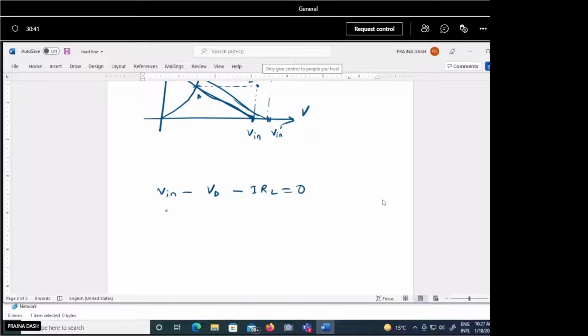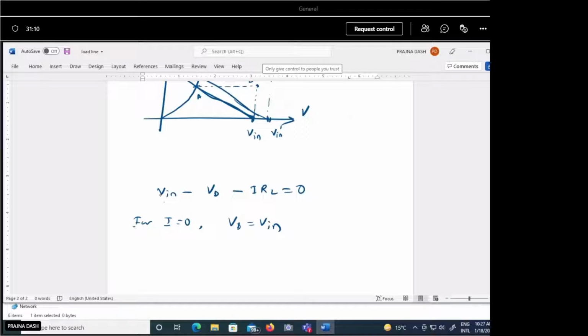In this equation the applied voltage is V in. When we consider I equal to 0 for this axis, for getting this point, V in is equal to VD. For I equal to 0, VD is equal to V in.